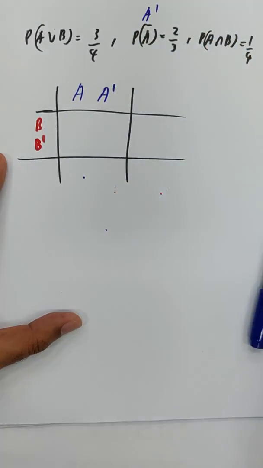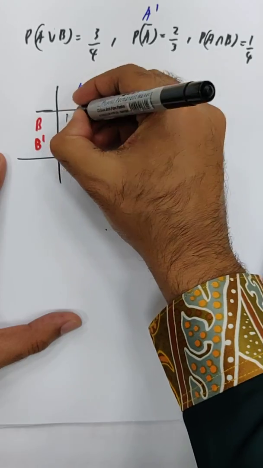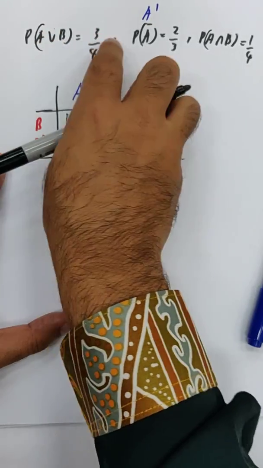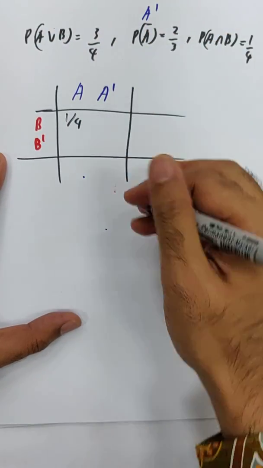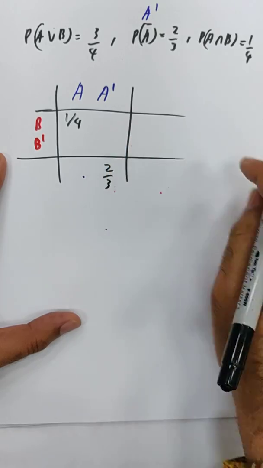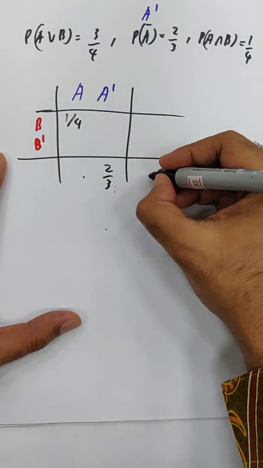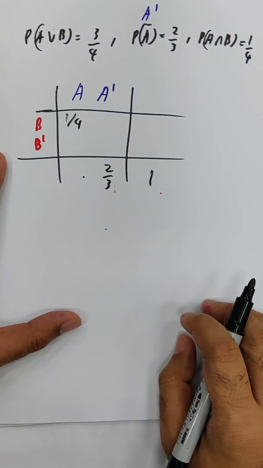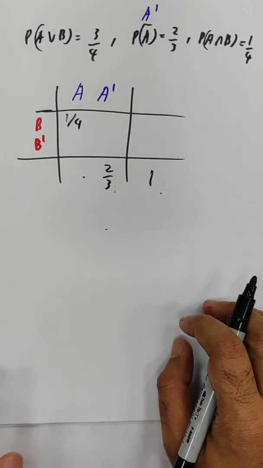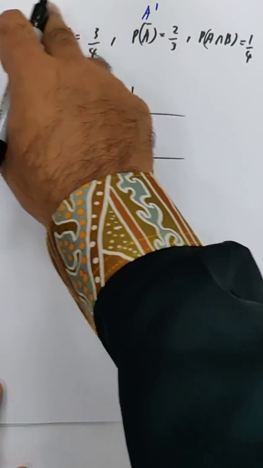If you see this question, P(A intersect B) is 1 over 4. This is quite an unusual question. P(A prime) is 2 over 3. And what about here? The total is 1. And this is weird. This is all you have. Where should I write down this one?